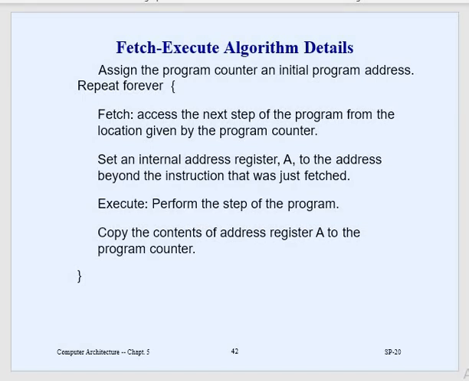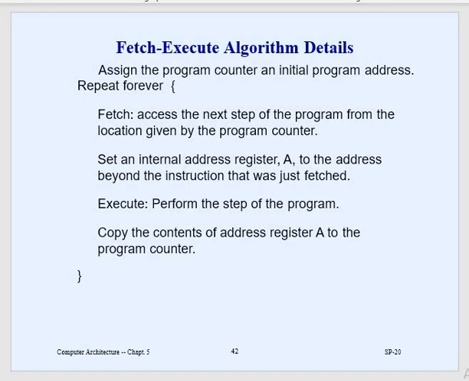Take the value the program counter has in its register, see what the next step is at that value, fetch it, decode it, and set an internal address register A to the address beyond the instruction that was just fetched.